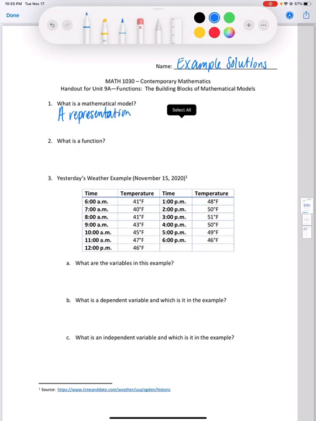It's a representation of something real, and it helps us understand the real thing.